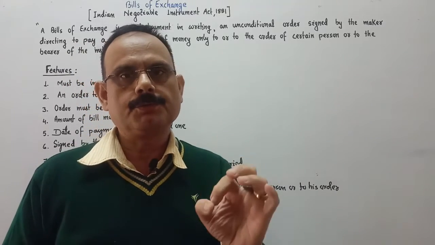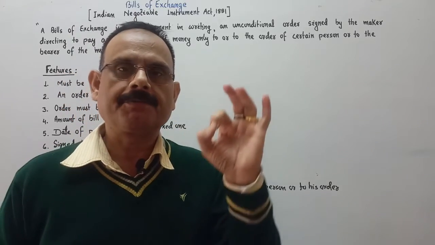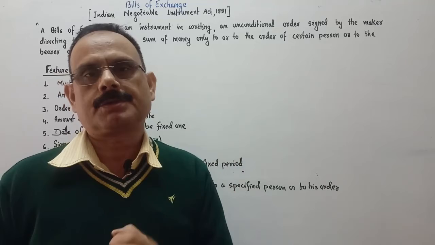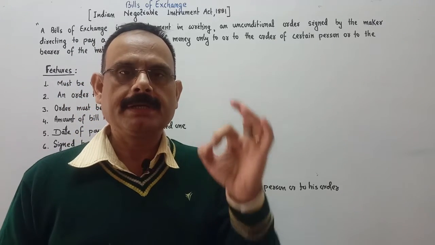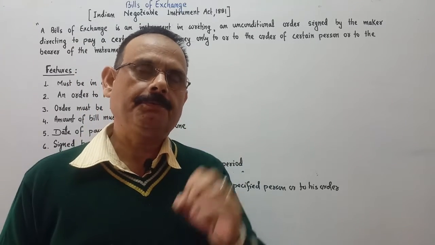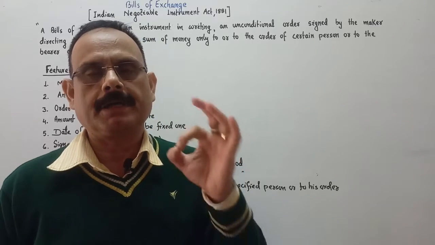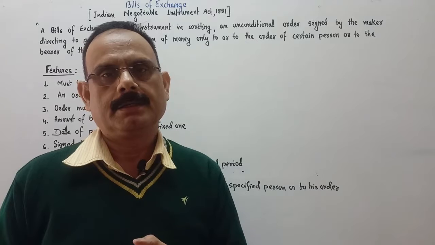Bills of exchange is used at the time of credit sale. When we sell the goods on credit, then at that time bills of exchange may be used by us if we have a doubt regarding the collection of the amount which is sold on credit.